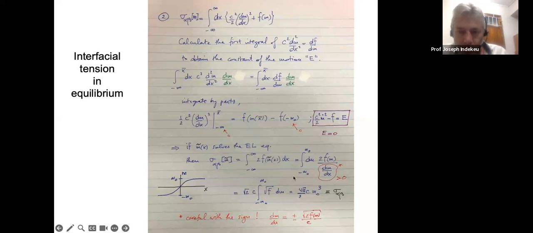And it amounts to a constant times m0 to the power 3. So this power 3 is interesting because it tells us that the interfacial tension will vanish at criticality, and it will vanish in such a way that it goes as the spontaneous magnetization value to the power 3.